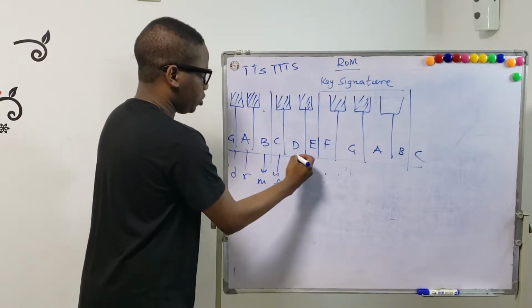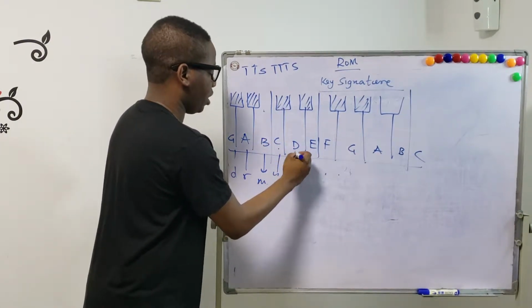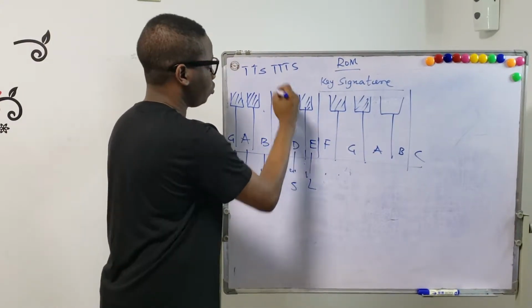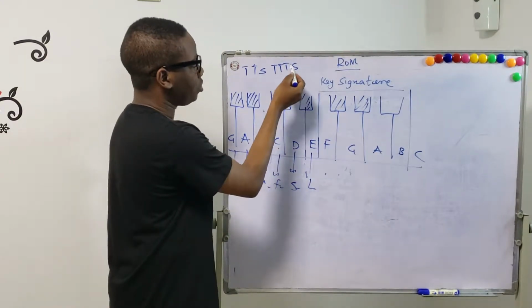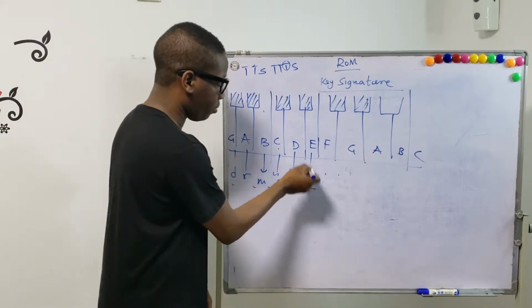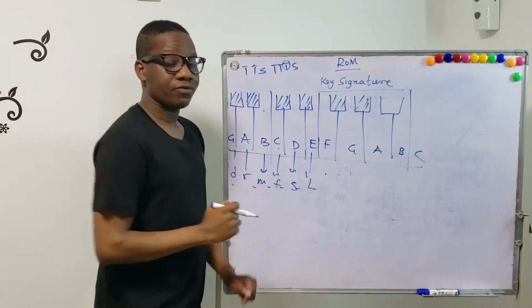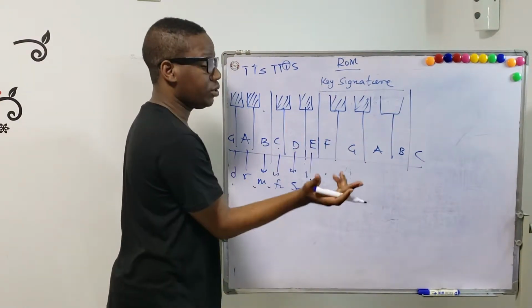Same thing to get So. We move a tone distance from C, and of course we have this. And then La, if you follow through like that. And then let's look at Ti. To get Ti, we are asked to move a tone distance from E. A tone distance from E is definitely not F, because the distance between E and F is a semitone. Why?